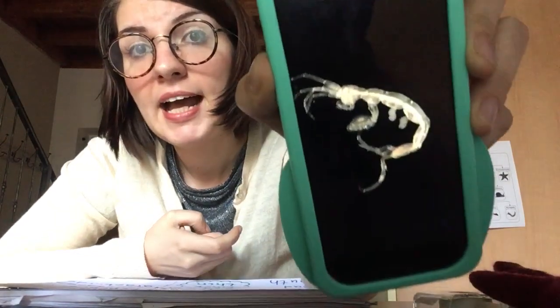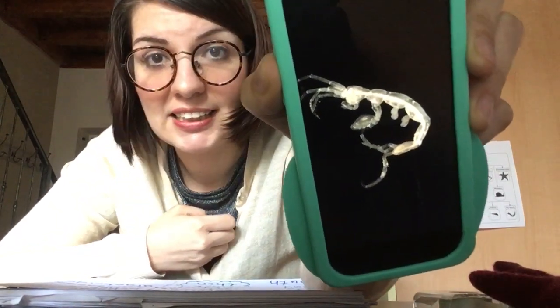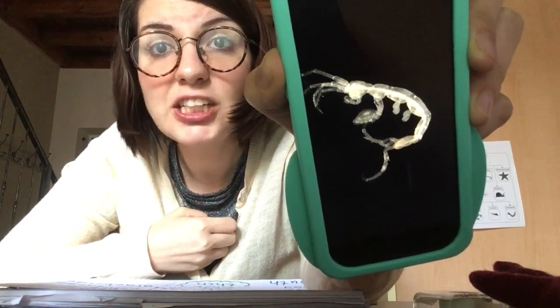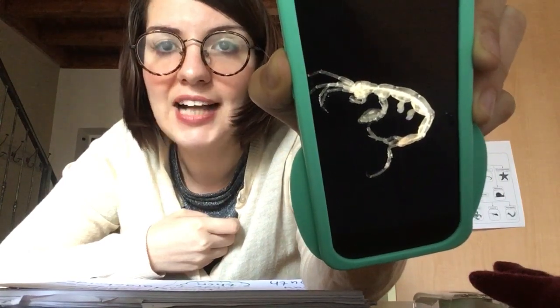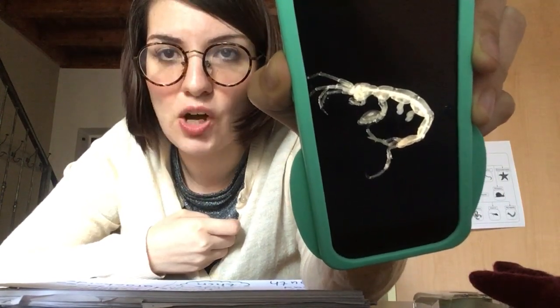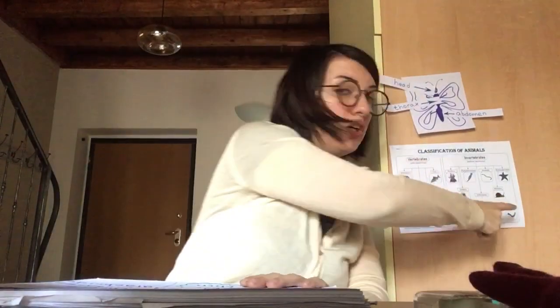Shrimp. Gambero. Its skeleton is not only internal, it is also external. This kind of skeleton is called exoskeleton. Exoskeleton, the one that protects the animal from the dangers of the world outside, on the external part of the body. This is what all of those have in common.